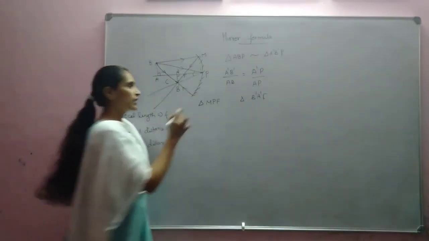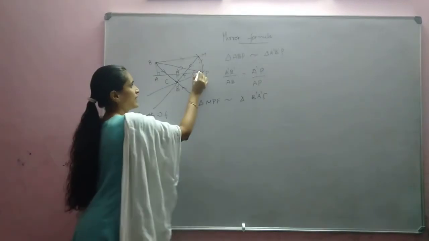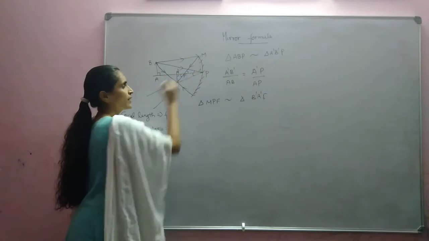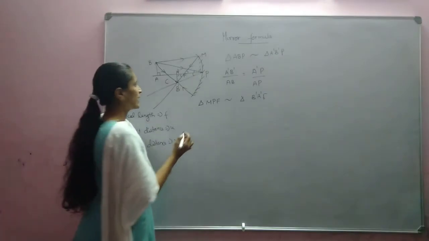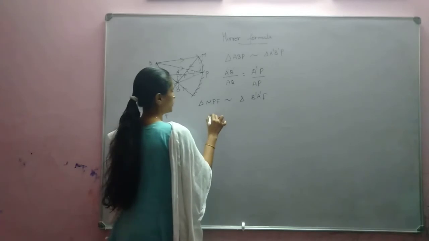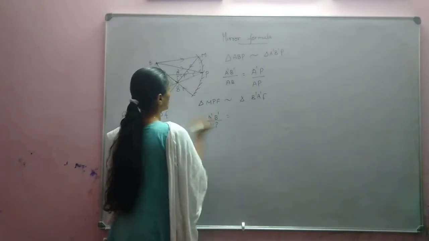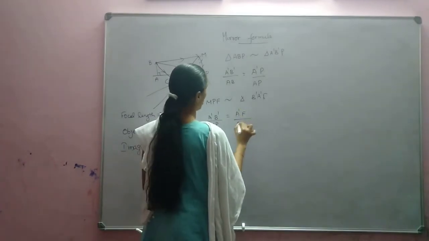These two triangles are also similar triangles. Why? This angle is 90 degrees, this is also 90 degrees, and these two angles are equal because they are vertically opposite angles. So we can write A dash B dash by MP is equal to A dash F by FP.